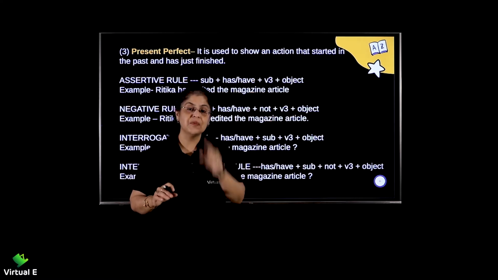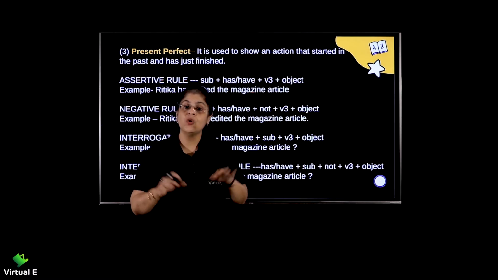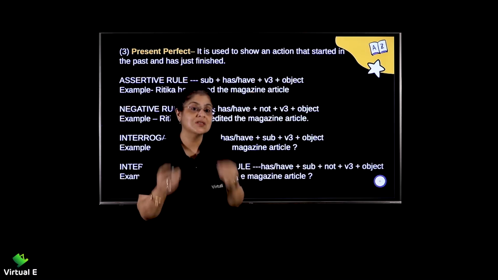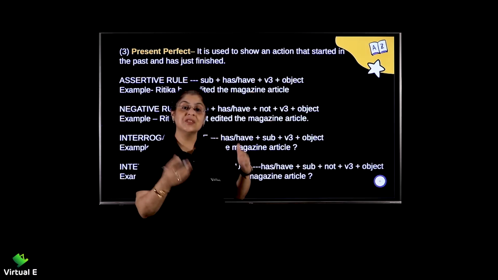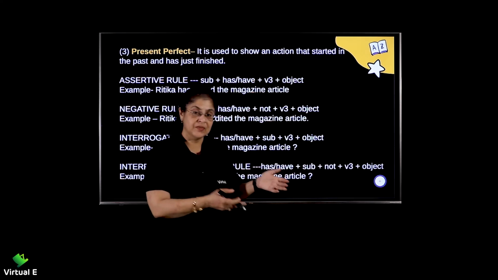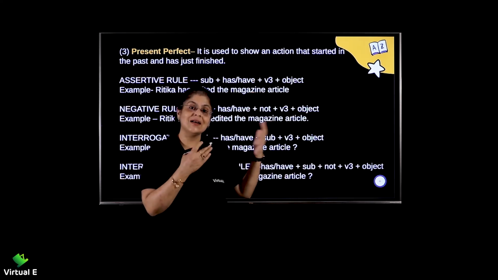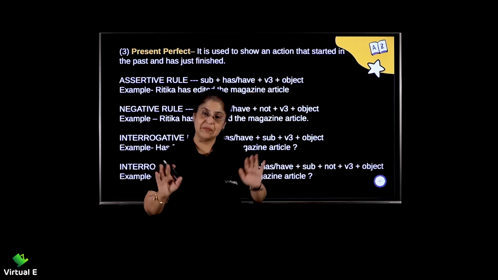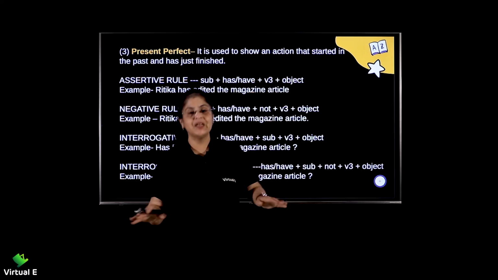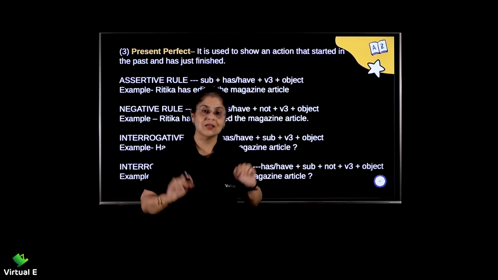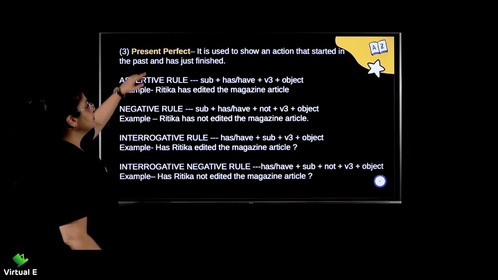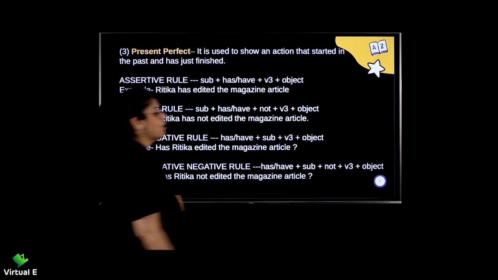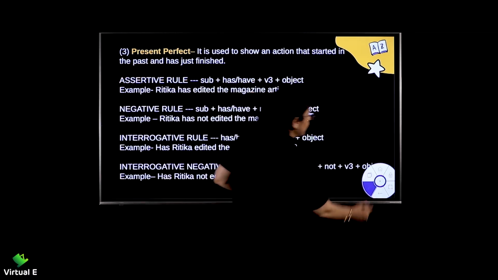In present perfect, please remember, there is no time element. You are not saying that you visited it last year. If you visited it, then that talks of the past tense, but you are saying I have visited. That means it's done. You have been to that place. That's the only conclusion.